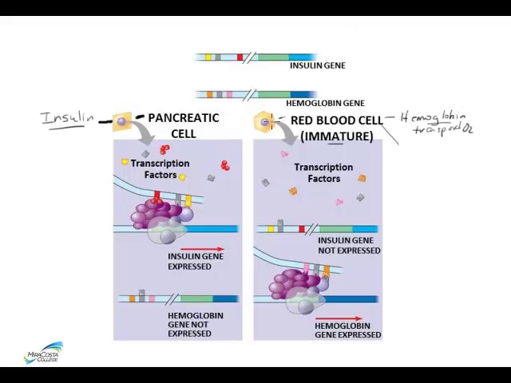Now, if we looked in the nuclei of these two different cell types, we would see the same set of genetic information. So both of these cell types would have an insulin gene and they would have a hemoglobin gene, right, represented here in the blue. This is the actual genetic information. Both of those would have, as we discussed previously, a promoter that serves that gene, right?